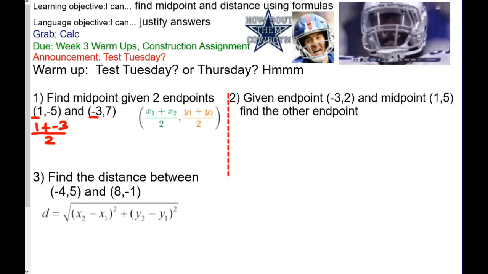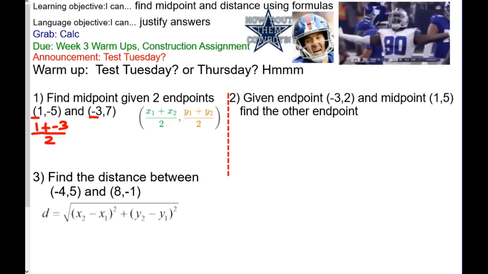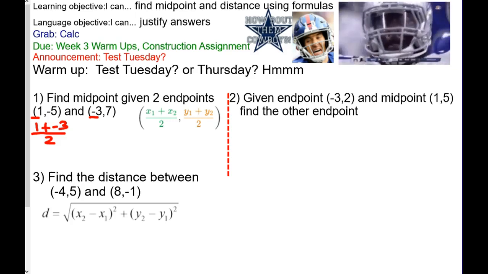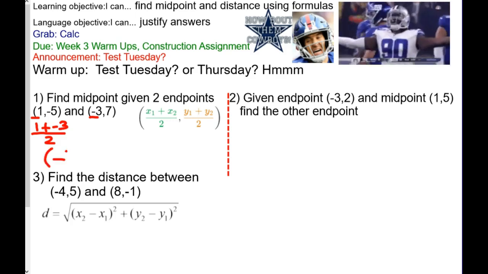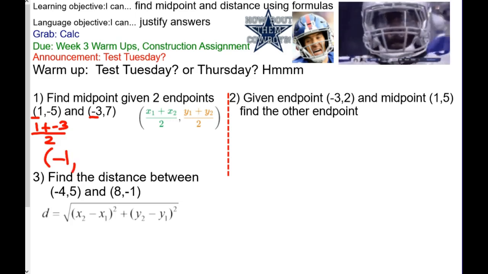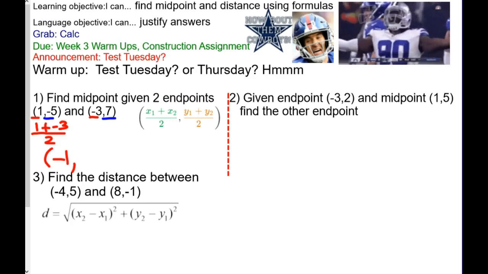Okay? And we're going to do the same thing. I guess first let's get this value. What is 1 plus -3 divided by 2? -1. And then, for the y's, let's add up those y's and divide by 2. -5 and 7.